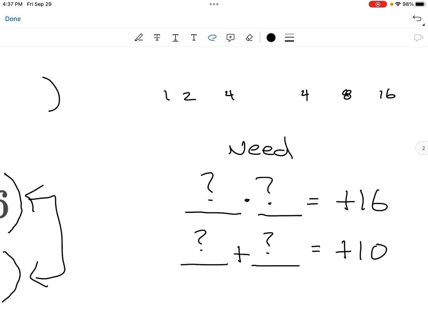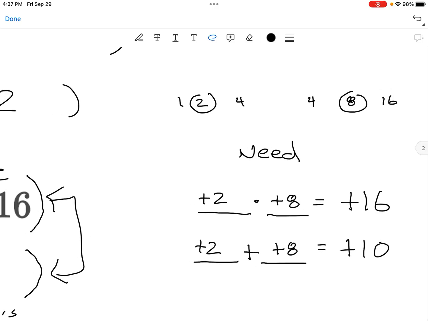If you take a moment, notice that 2 and 8 are the 2 numbers that will work. You need to be specific about plus and minus. In this case, they both need to be plus 2 and plus 8. Those multiply to give you positive 16, and plus 2 with plus 8 gives you positive 10.